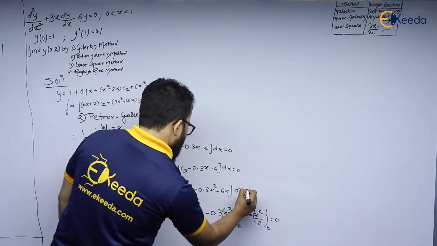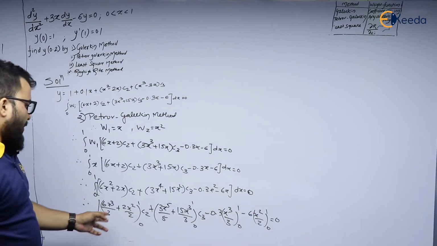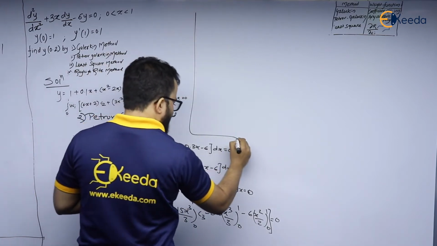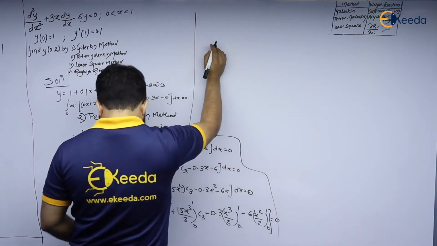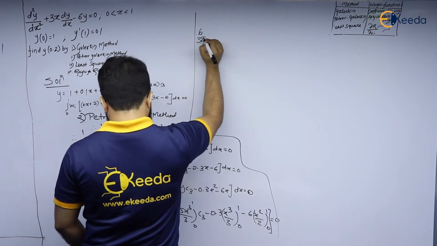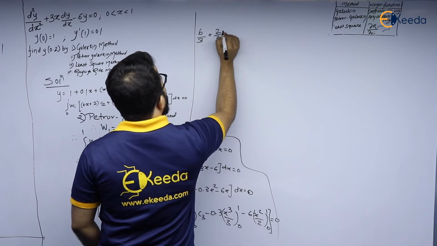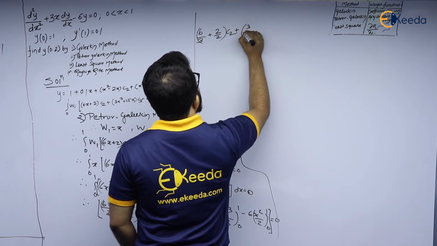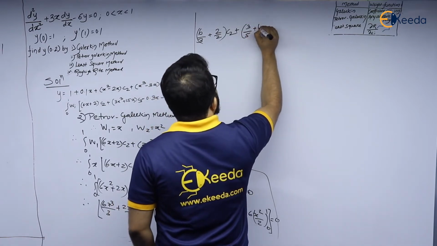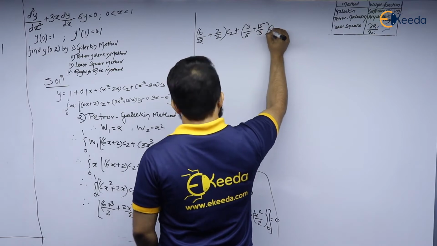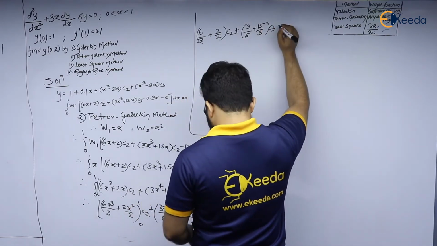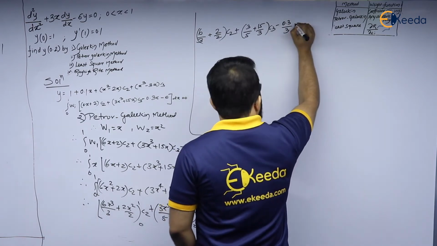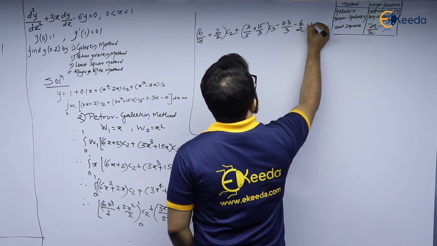Now I will put in the upper limit and lower limit. So this becomes (6 by 3 plus 2 by 2) into C2 plus (3 by 5 plus 15 by 3) C3 minus 0.3 by 3 minus 6 by 2 is equal to 0.